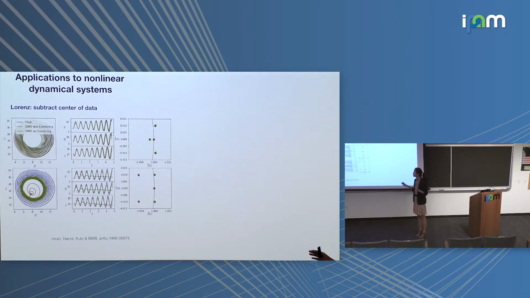But if you do centering, it works better. This is more obvious in the bottom here, where the blue is the right answer, and I'm trying to fit the blue nonlinear model with a linear DMD model. Without centering, it's this orange trace, which basically just crashes to 0 pretty quickly, like it should. And if you do centering, it's this green curve here, which does better at following the nonlinear dynamics.